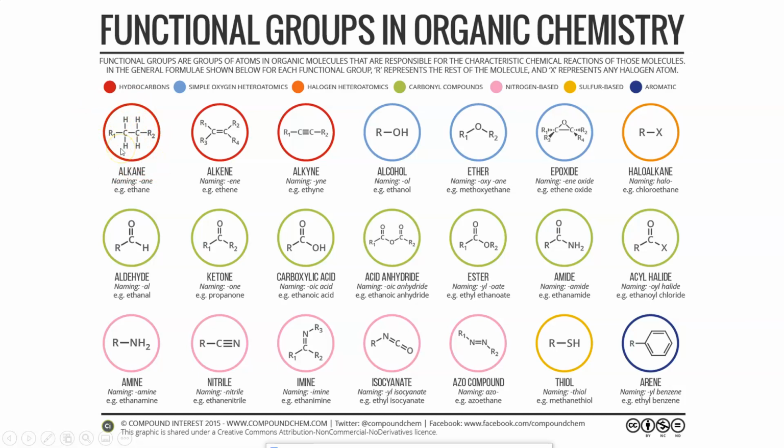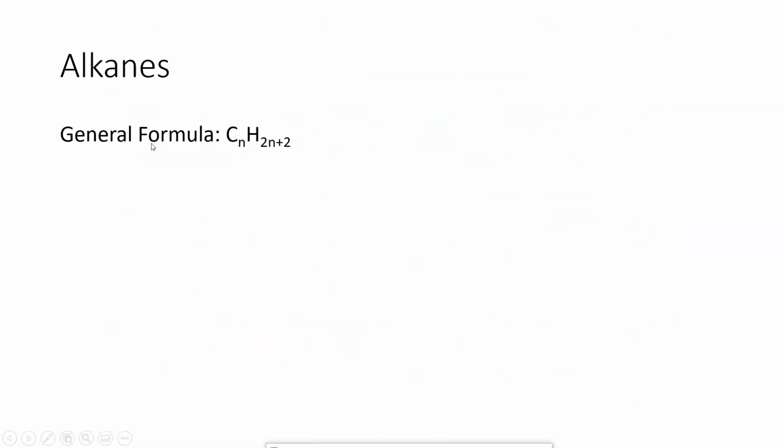So once again, alkanes are molecules that contain only single bonds between carbon and hydrogen. That's it, okay? So how to name alkanes? First, the general formula of any alkane is CnH2n+2.